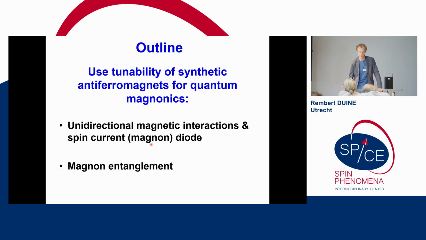The second one is going to an out of equilibrium situation to create entanglement between magnons. The second example I'll be, well, actually both examples, I'll be specifically not technical about, because the next speaker will give a more in-depth discussion of that and also some more detailed applications.